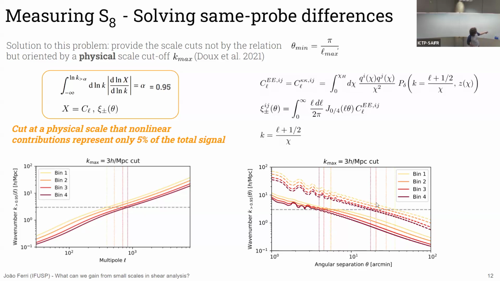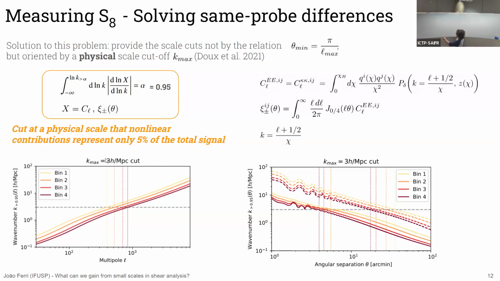Usually, for theta plus, you want to make much more aggressive scale cuts than theta minus, which is kind of interesting. So in this plot, can you point me to where, for a given theta, what is the K?